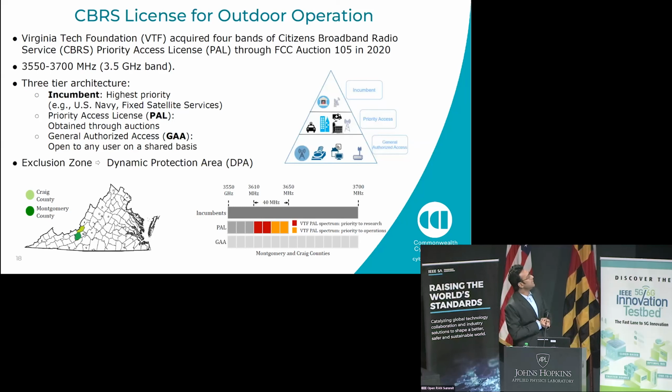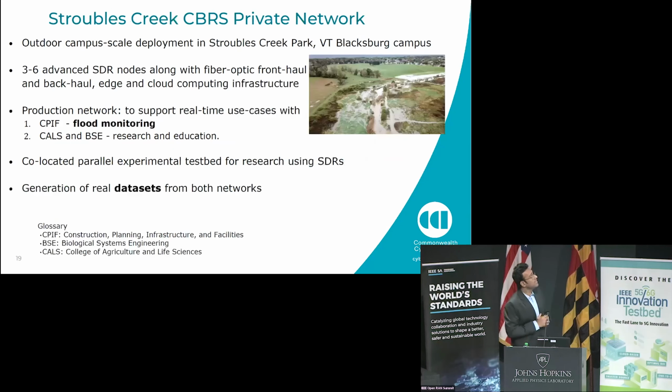The concept of CBRS has moved from static exclusion zones to dynamic protection areas. Previously, whenever an incumbent was there, you could not transmit around that area. But currently they are moving to a more dynamic scenario where you can offer some flexibility. There will be a protection area, but it will be dynamic with time, not static.